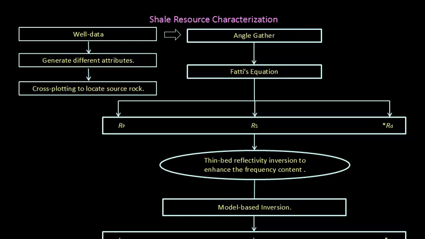But with this post-stack process that we have here, we first determine the RP, RS, and the density attribute. Again, you see that asterisk there, and it is again dependent on the offset information and the quality of the data. So if we are able to determine these attributes, we can run thin bed reflectivity inversion, and once we've done that, we filter it back to a higher bandwidth than the input seismic, or the input attributes.